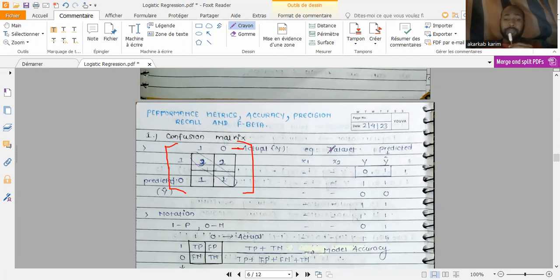If we consider this small data set we have here, with some features x1, x2 with some values, we don't need them, but what is important here is the predicted and the actual value. Here, y is the actual value, that means the real data we have, because as we know in supervised machine learning, especially in classification problems, we have labels and the data. That means we have the answers.